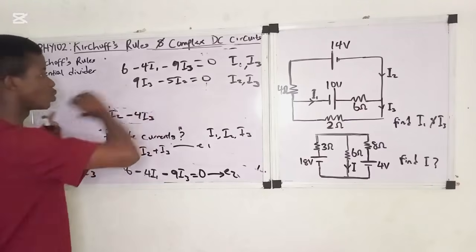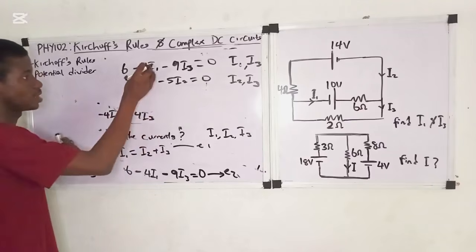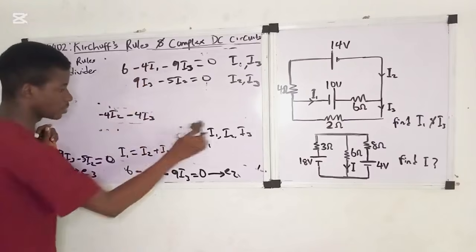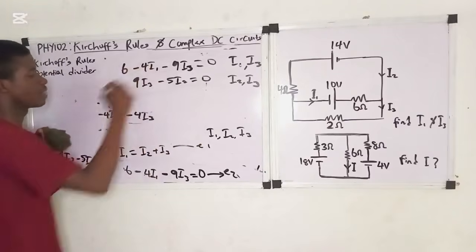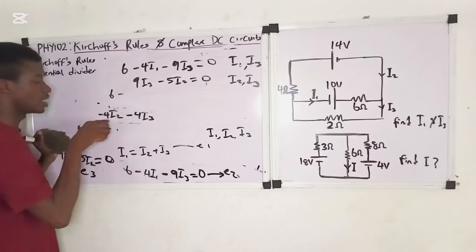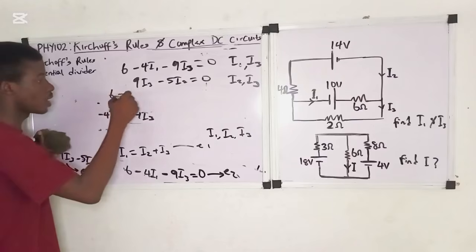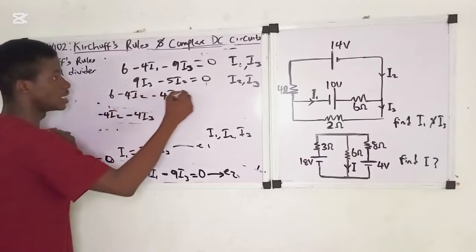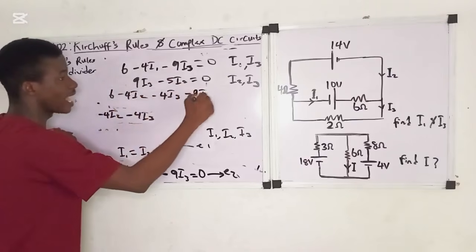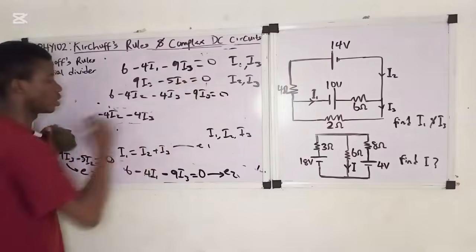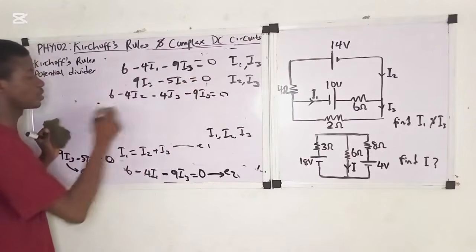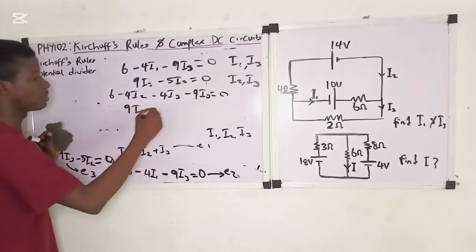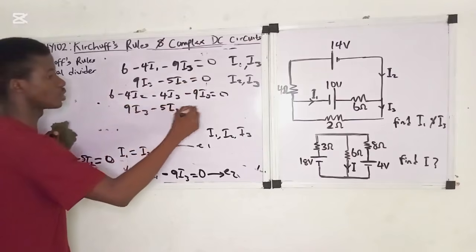So we put it in place of this one here. So this one will now be 6 minus 4I2 minus 4I3 minus 9I3 equals 0. Write the second equation again: 9I3 minus 5I2 equals 0.